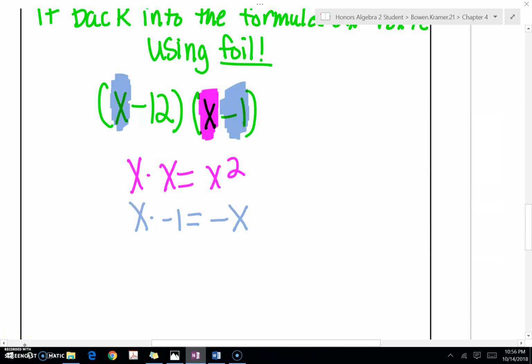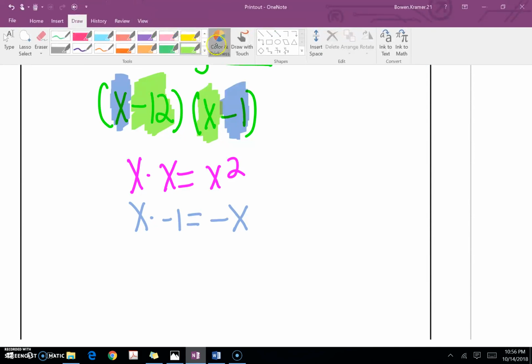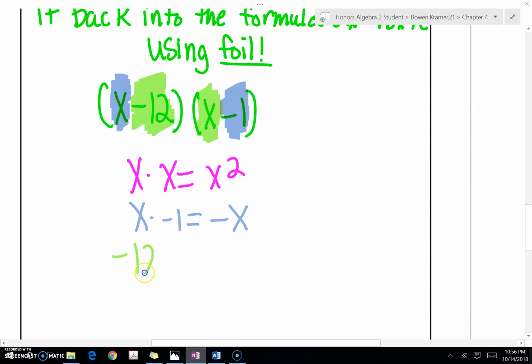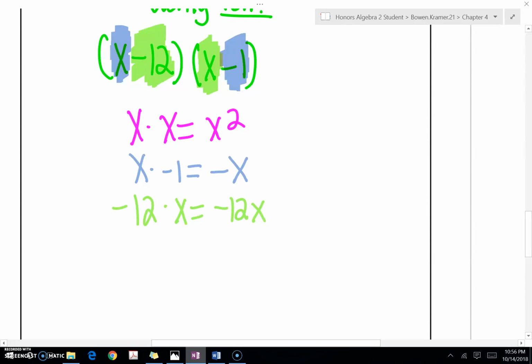The third letter in FOIL is I. So we have the two innermost terms of the two factors. Pretty simple, right? We have a -12 and an x right here. So -12 times x equals -12x.